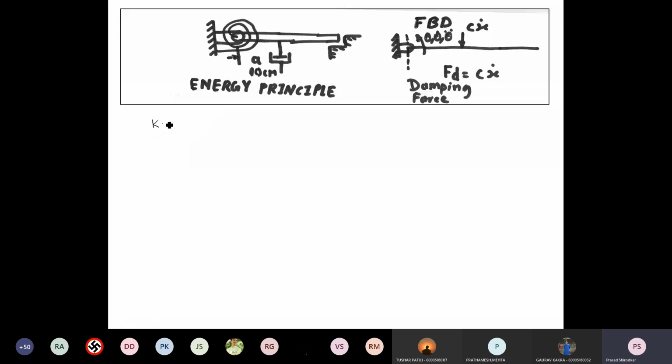So we'll write the equation for the energy principle. The energy principle is kinetic energy plus potential energy is equal to constant.